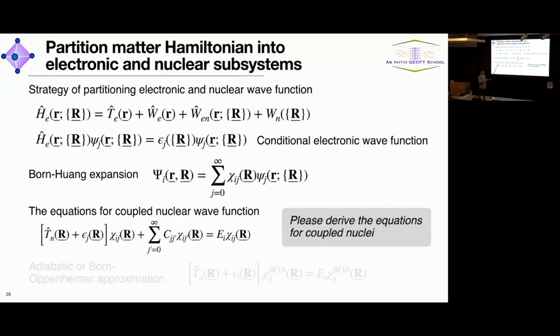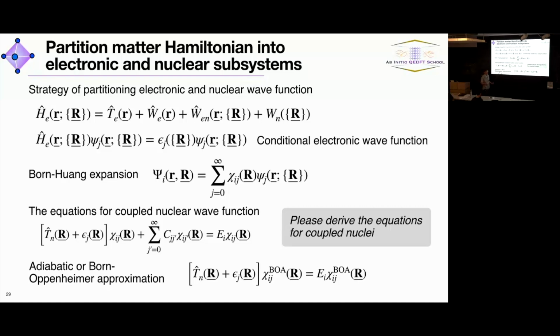Do you know how to get this formula, this equation for the nuclei wave function? If you don't know, we have a bunch of resources in the audience who are doing quantum chemistry, so maybe your fellow knows how to do this. Okay, once you get this equation for the nuclei wave function, usually we use the adiabatic approximation, the so-called Born-Oppenheimer approximation.